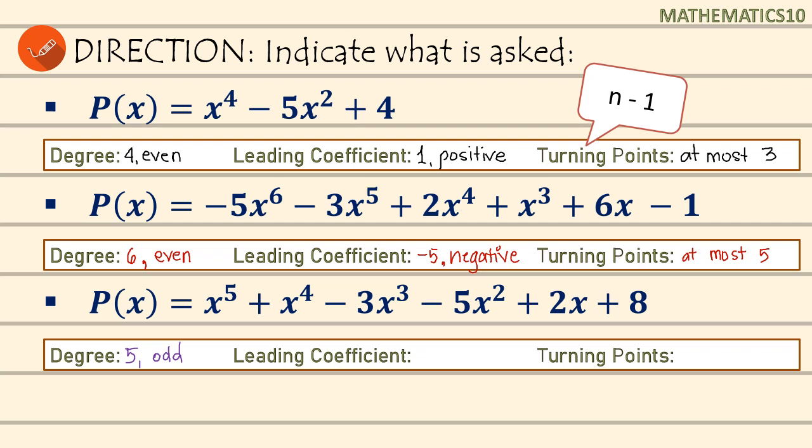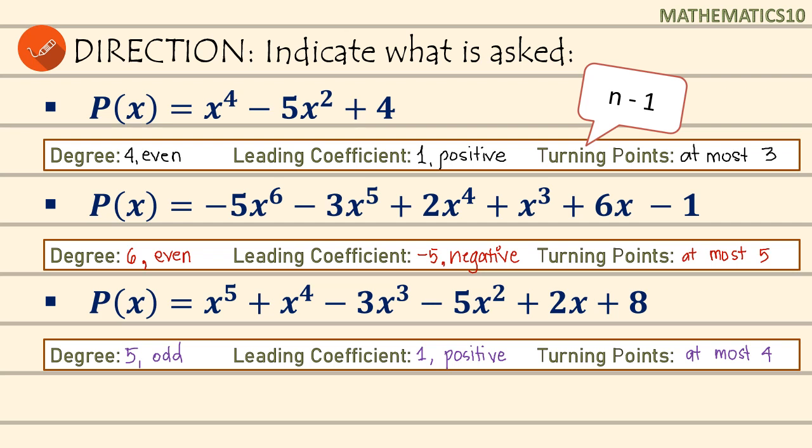Okay, and for our leading coefficient, since our first term is x raised to the 5th power, we can say that our leading coefficient is 1, and as you can see, it's positive. And for the maximum number of turning points, again we have n minus 1, degree minus 1, so 5 minus 1, we may have 4 turning points, or else we may have 3, 2, or 1.